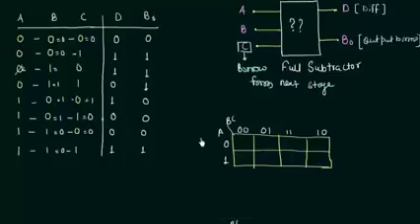So this K map is for the difference. Now let's fill this K map: 0 1 1 0, then we are having 1 0 0 1. Again we are having an interesting filling in this K map, which is that each and every one is single. We cannot make a group of these ones. You can see that.